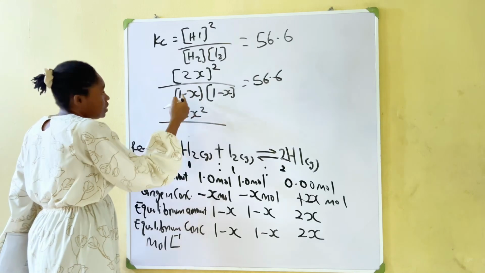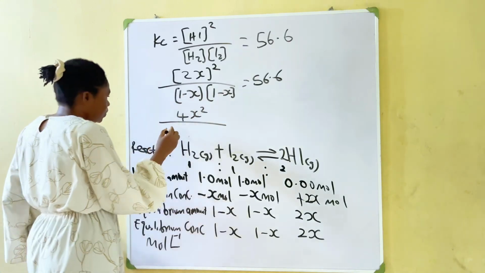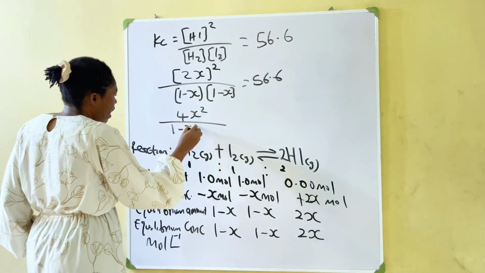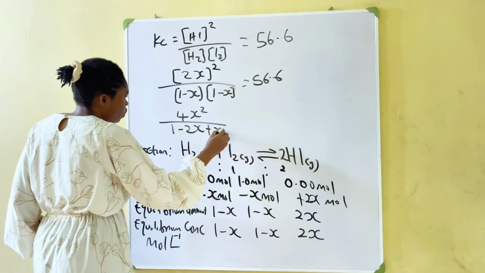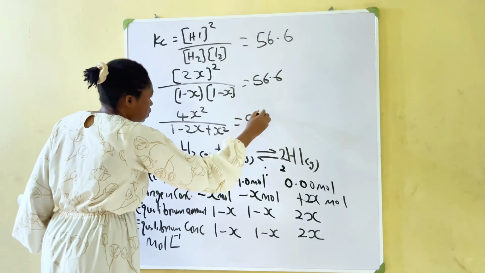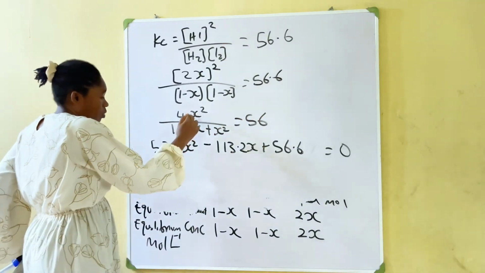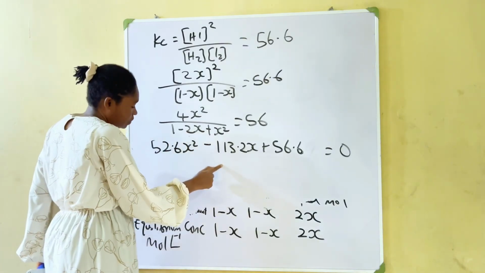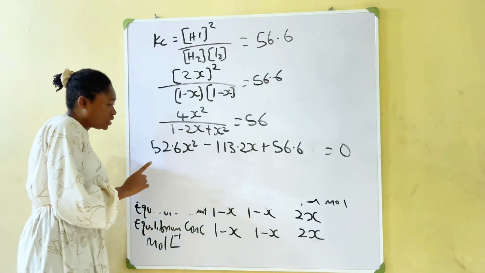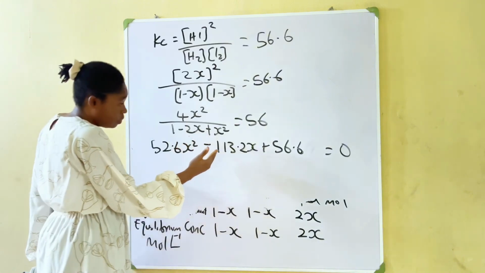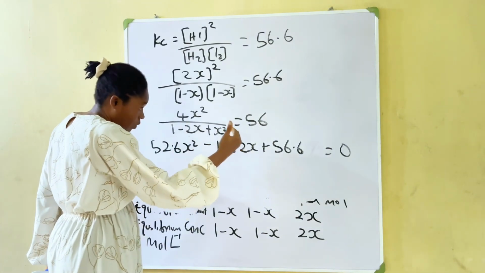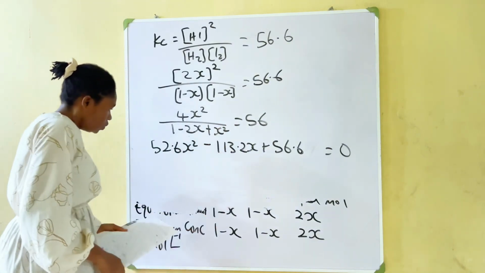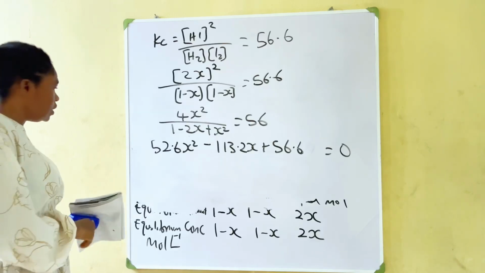If you factorize the denominator, you have 1 minus 2x plus x squared. When you cross multiply and collect like terms, you come up with 52.6x squared minus 113.2x plus 56.6 equals 0.